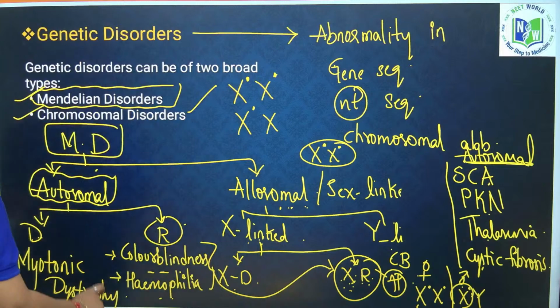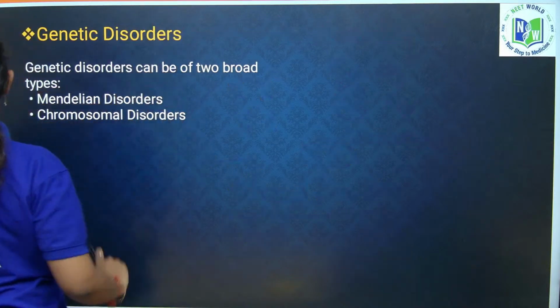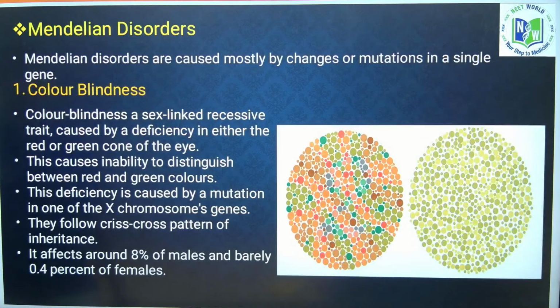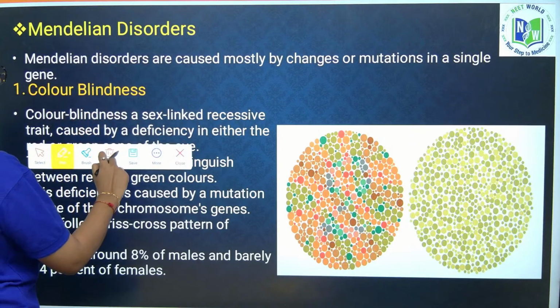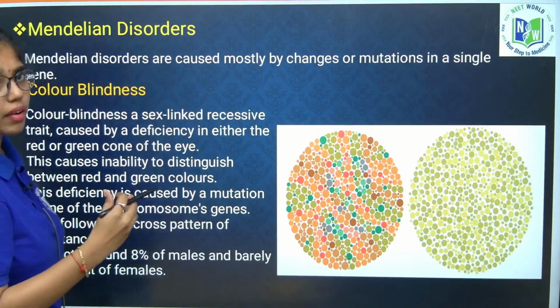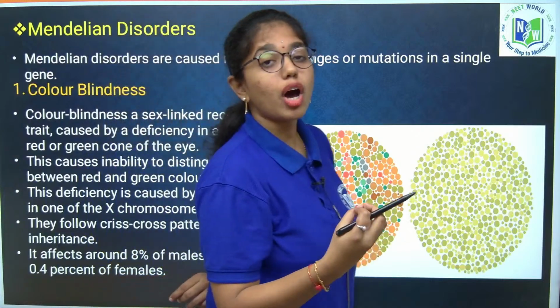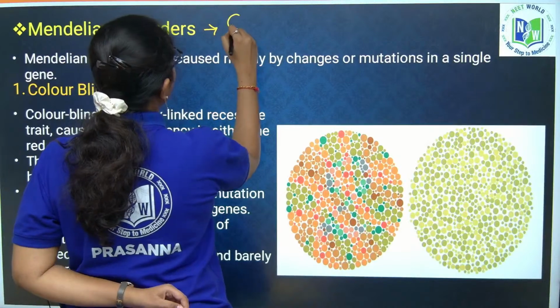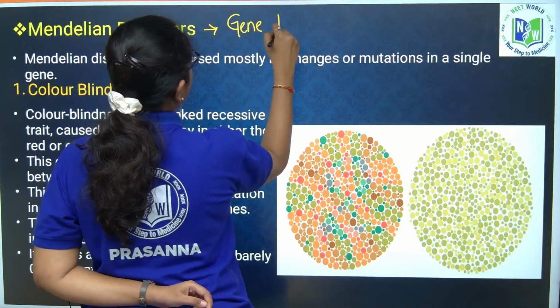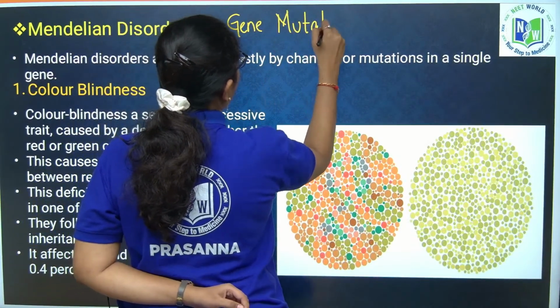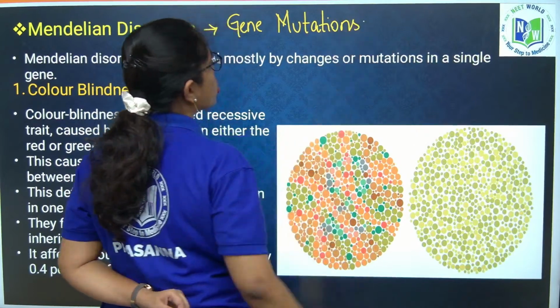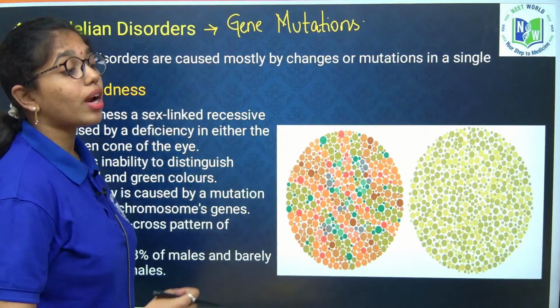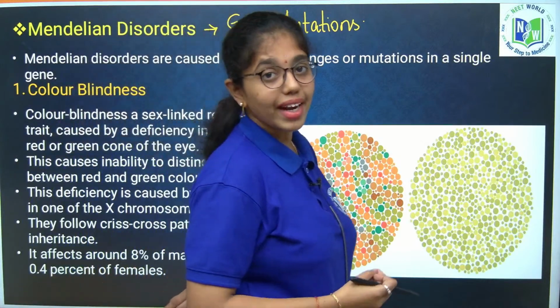Now let us understand Mendelian disorders one by one. Mendelian disorders are mostly caused because of mutation of a single gene or alteration in a single nucleotide sequence.